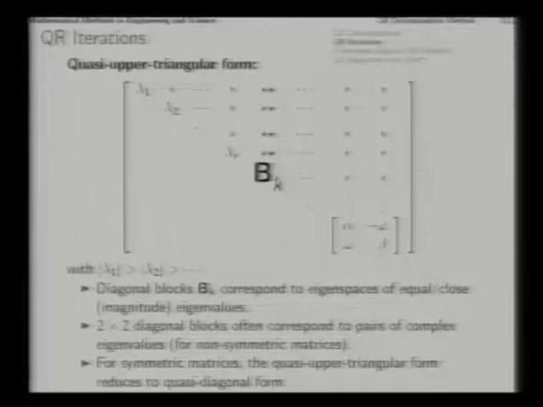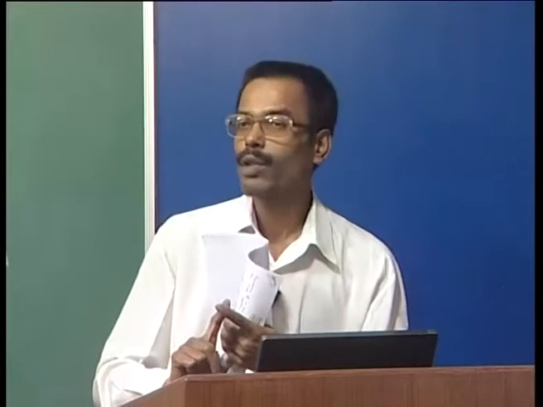That is why sometimes such diagonal blocks may appear. 2 by 2 diagonal blocks can appear when there are complex pairs of eigenvalues, and that will happen only for non-symmetric matrices, obviously.